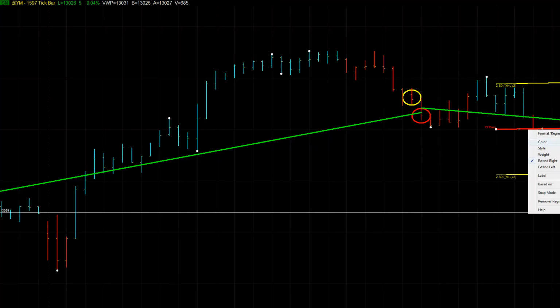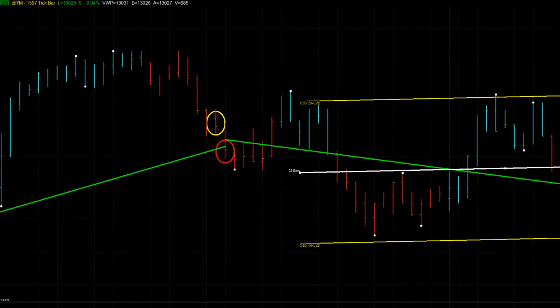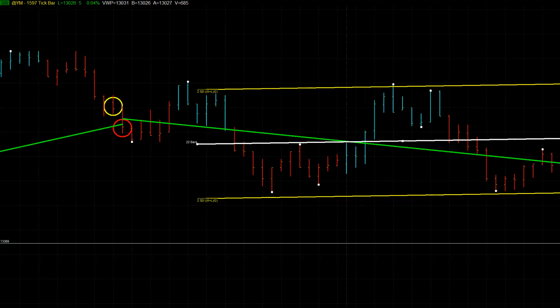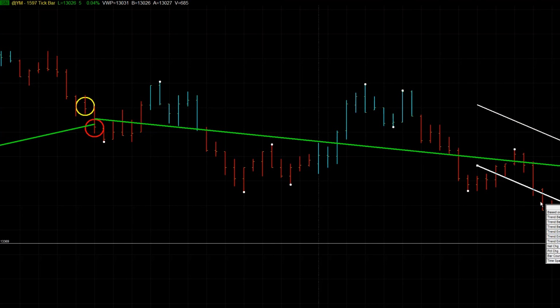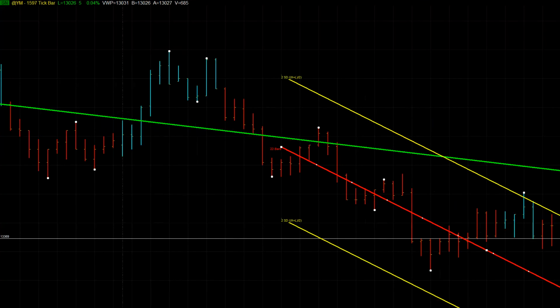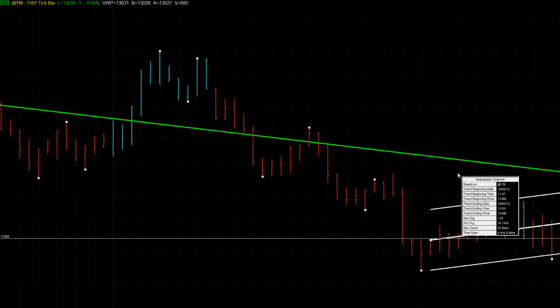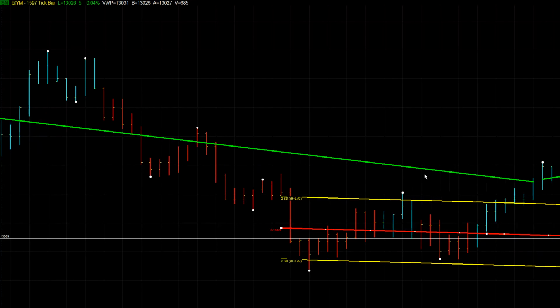We put it white. We look for two closes above to get out, or two closes below the two standard deviation to continue. We don't get anything until this point, which is below, and our SD line continues in red, until such time as it becomes white and we get two closes.